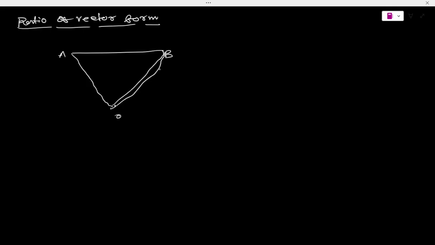This point is C. From A to C is M, and C to B is N.